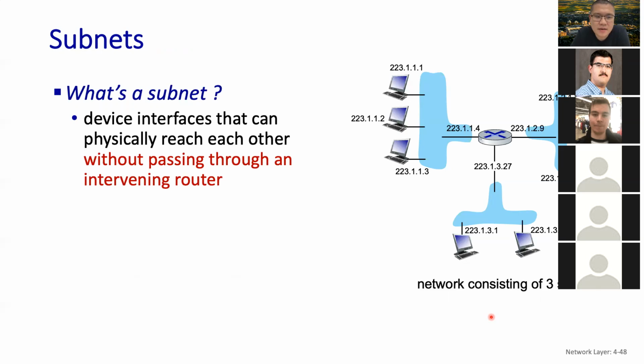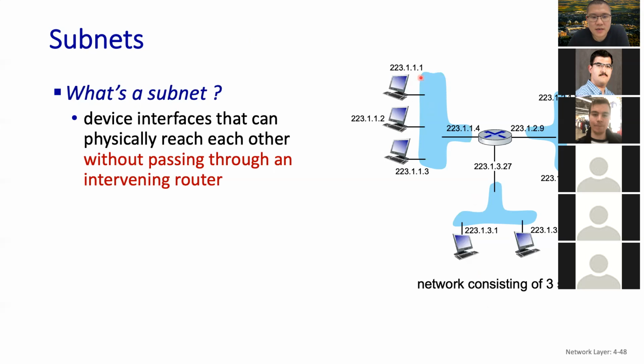A subnet is a set of device interfaces that can physically reach each other without passing through an intervening router. The idea is that if you have a LAN, a local network, you don't need to use a router to communicate within it.